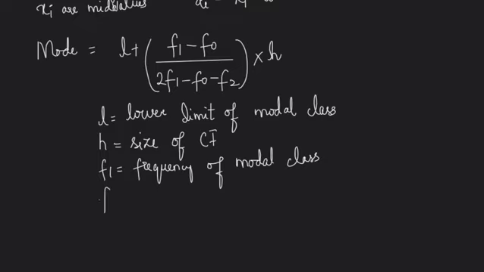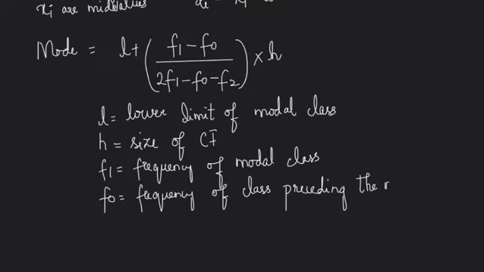Then f0 is the frequency of the class preceding the modal class. So f1 is the frequency of the modal class, and f0 is the one preceding it. You can understand it like this: since 0 comes before 1, this frequency will be the one before the frequency of the modal class.